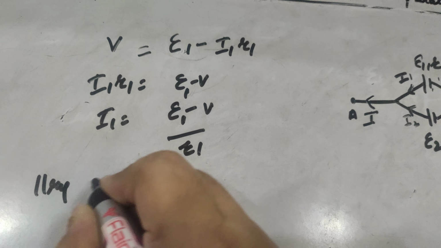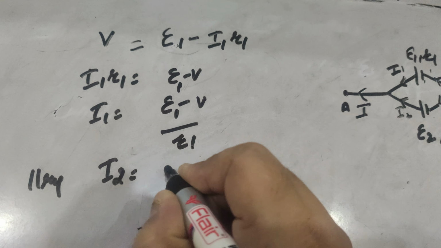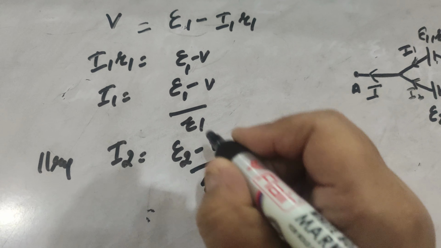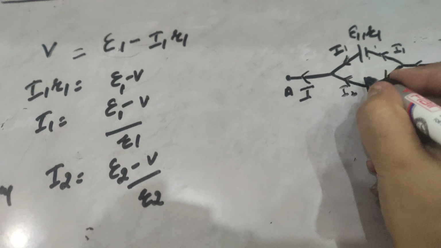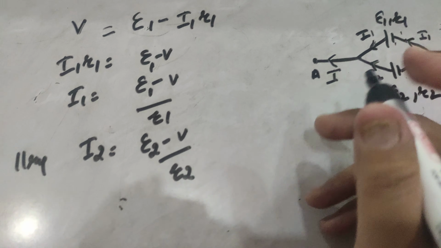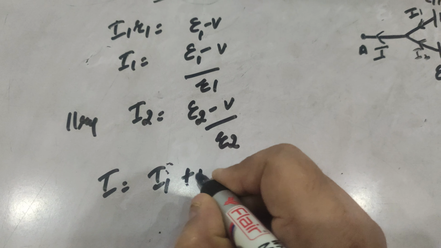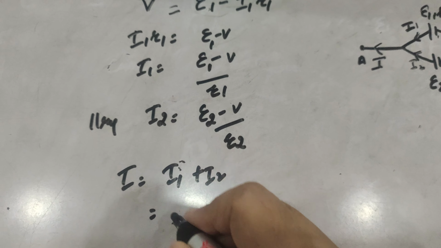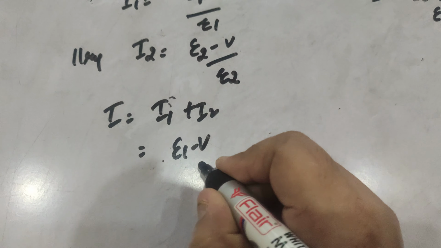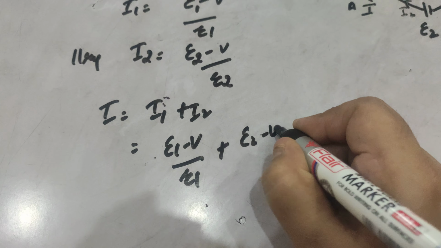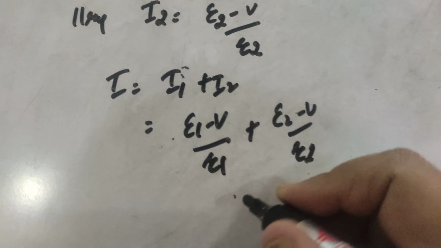Similarly, we can write I2 is equal to (E2 minus V) upon R2. Since in a parallel circuit the current divides and adds up to the equivalent current I, I is equal to I1 plus I2. Here I1 is (E1 minus V) upon R1 plus (E2 minus V) upon R2.